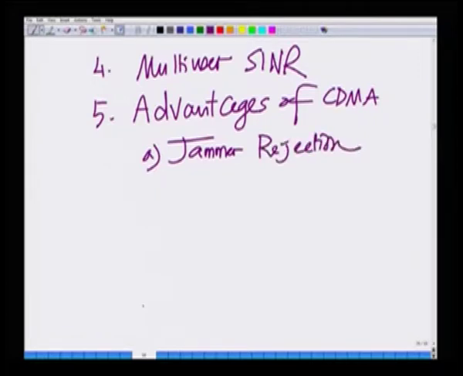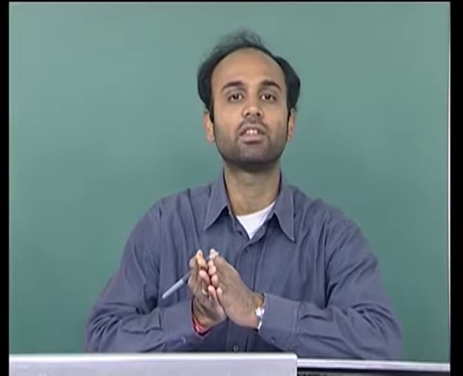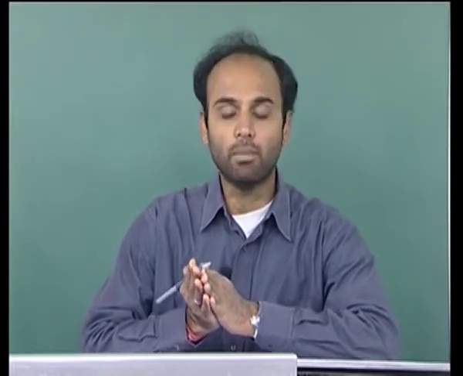We said that CDMA helps in jammer rejection, that is suppressing of malicious users who are trying to disrupt communication by trying to transmit a signal of very high power and jam your signal. We have seen that CDMA helps in jammer rejection.